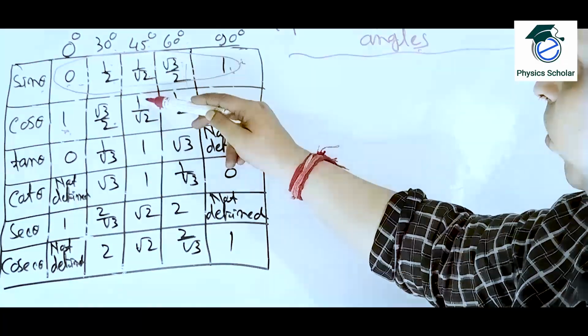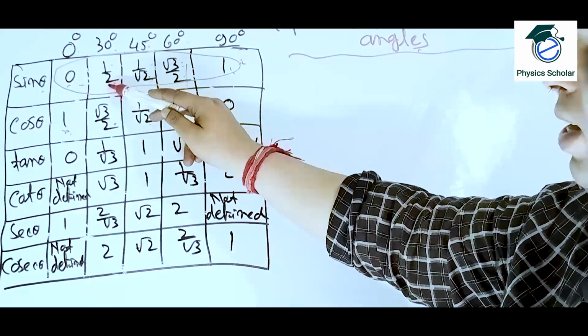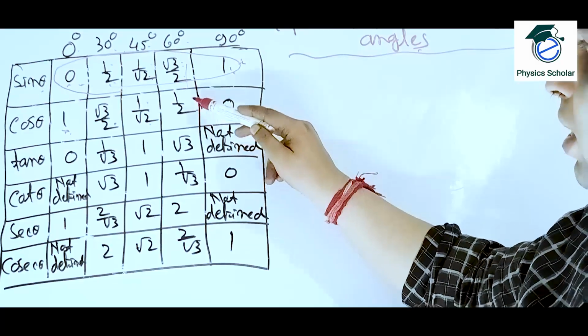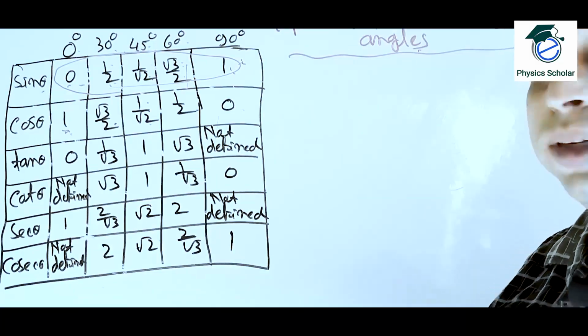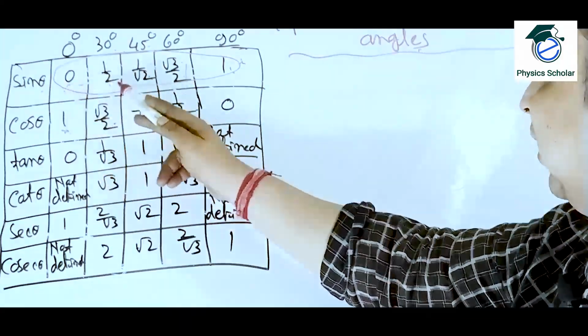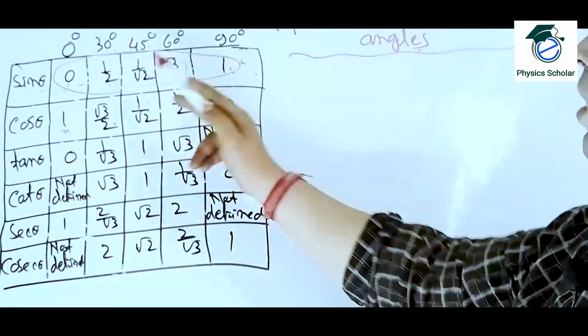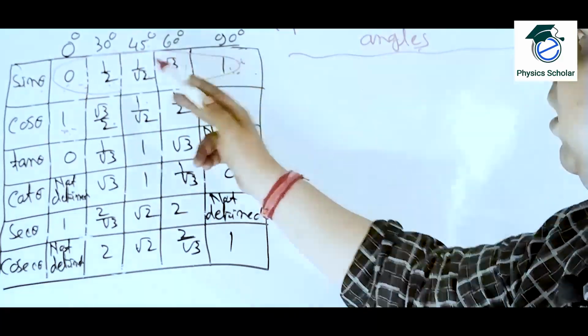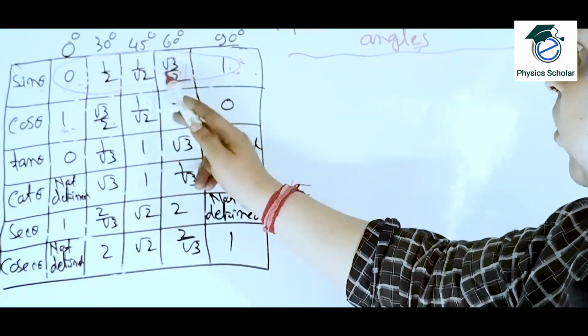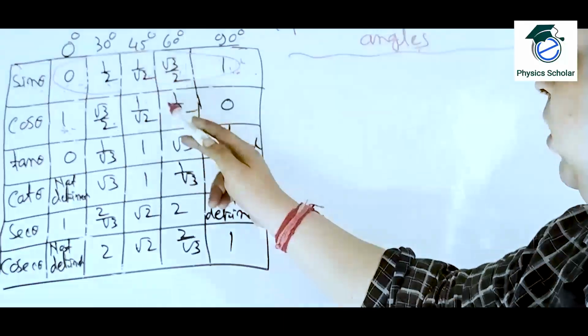Then it is what, 1 by root 2, same, 1 by root 2. Then it is what, half, it will be half. Then it is 0, here it will be 0. Understood? Okay. So if you can write sine, then just the reverse one will be cos. So the sine 1 will be at the end. Here from the beginning it will be 1, then root 3 by 2, then 1 by root 2, then half, then 0.